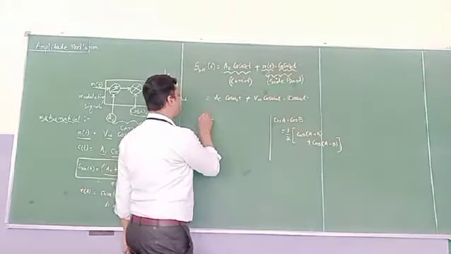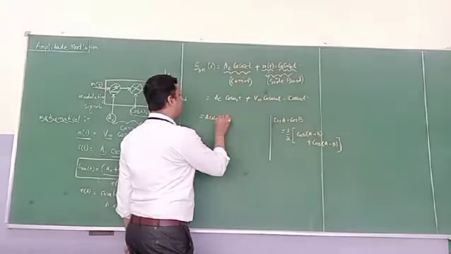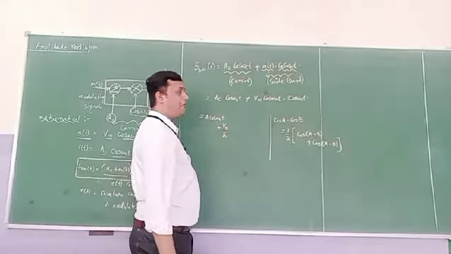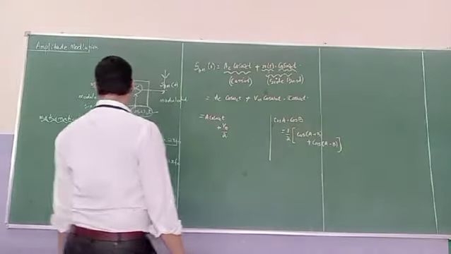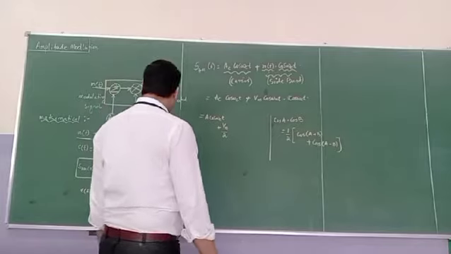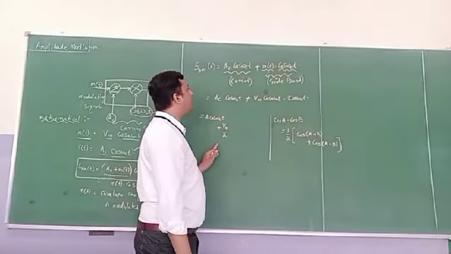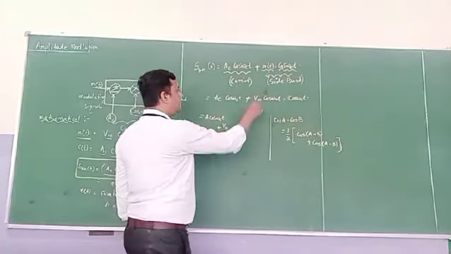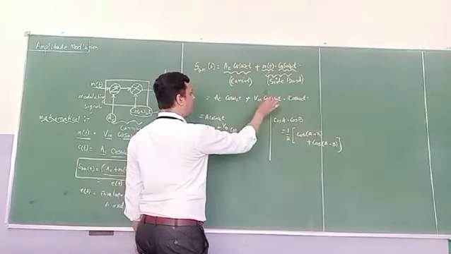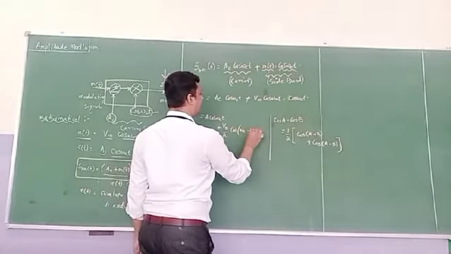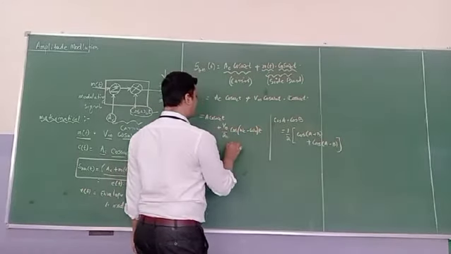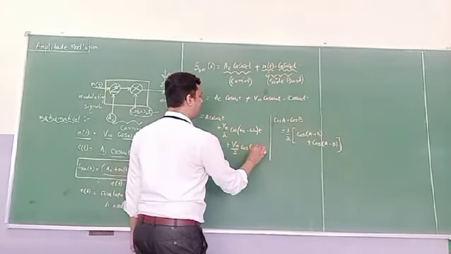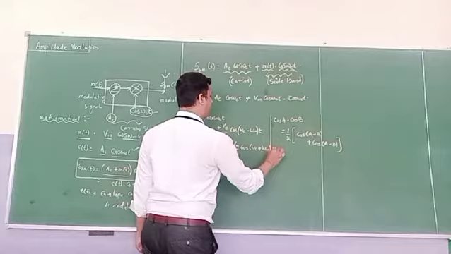Now for this I can write A_c cos(ωct) plus V_m by 2 cos((ωc minus ωm)t) plus V_m by 2 cos((ωc plus ωm)t).